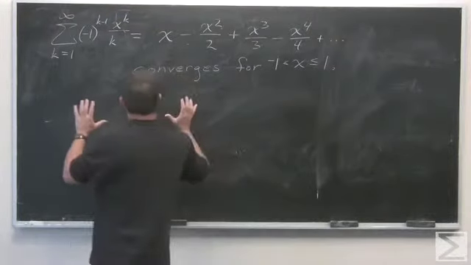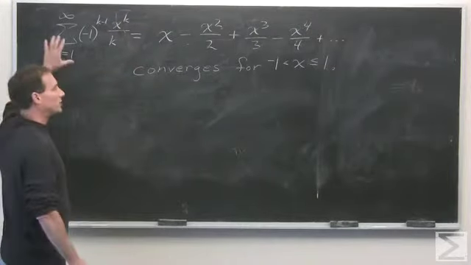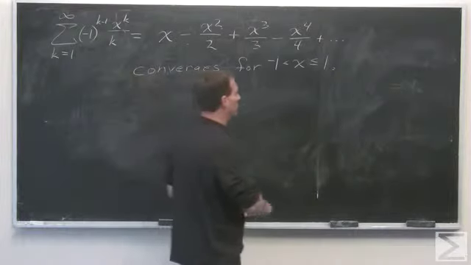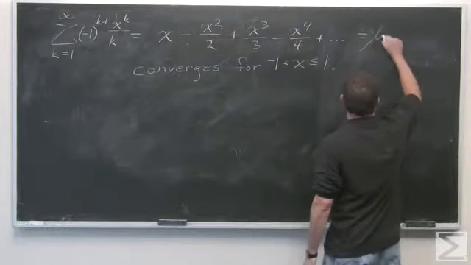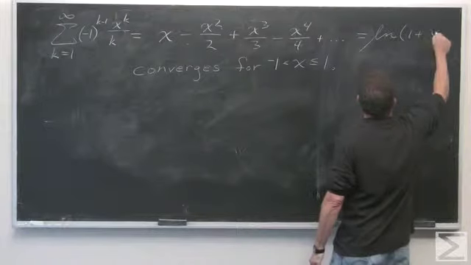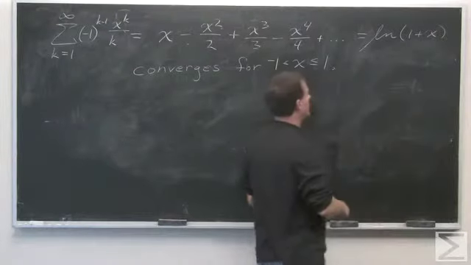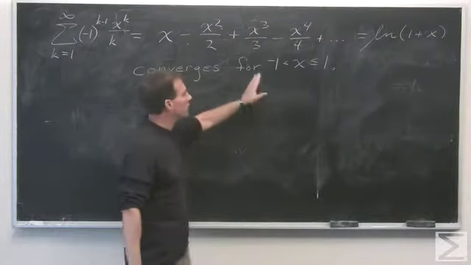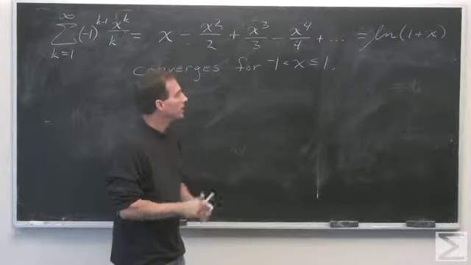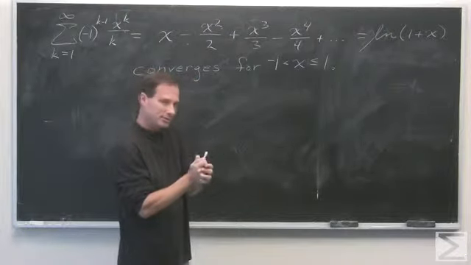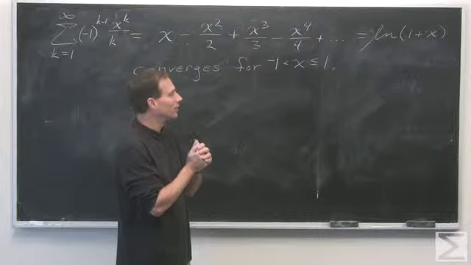Here, on this series, we know because we said it, even though we didn't prove it, that this converges to the natural log of 1 plus x as long as x is greater than minus 1 and less than or equal to 1.